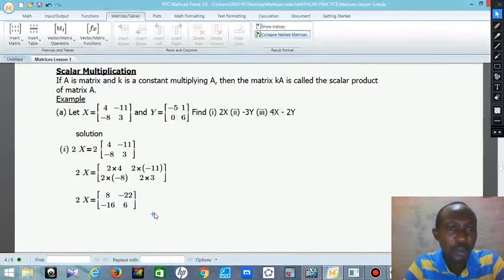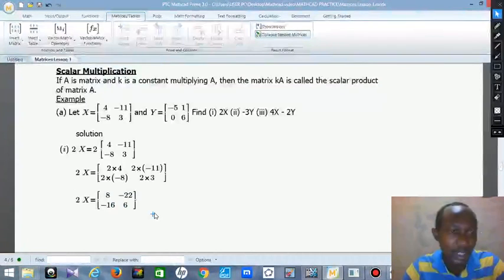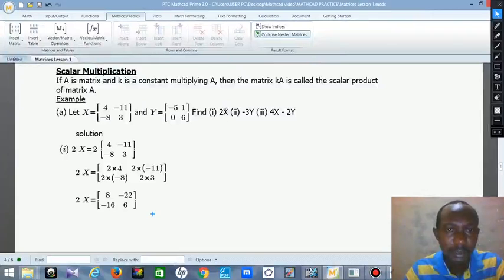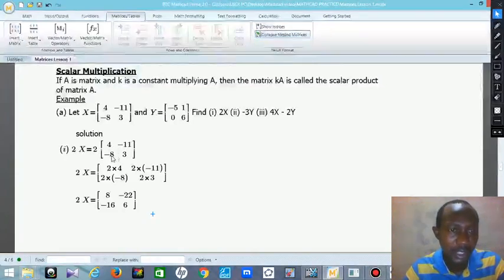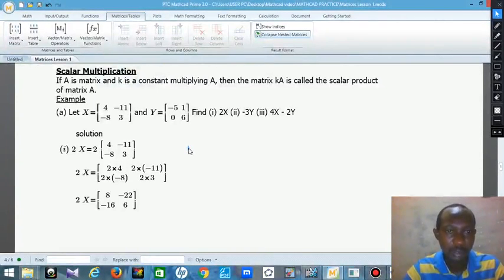So this is what we mean by scalar multiplication. The constant, which is called the scalar, is going to multiply the matrix. So seeing the matrix is x and the constant is 2, we do it like the way we do opening of bracket. So the constant outside the bracket will multiply each of the elements inside the bracket. That is all about scalar multiplication.